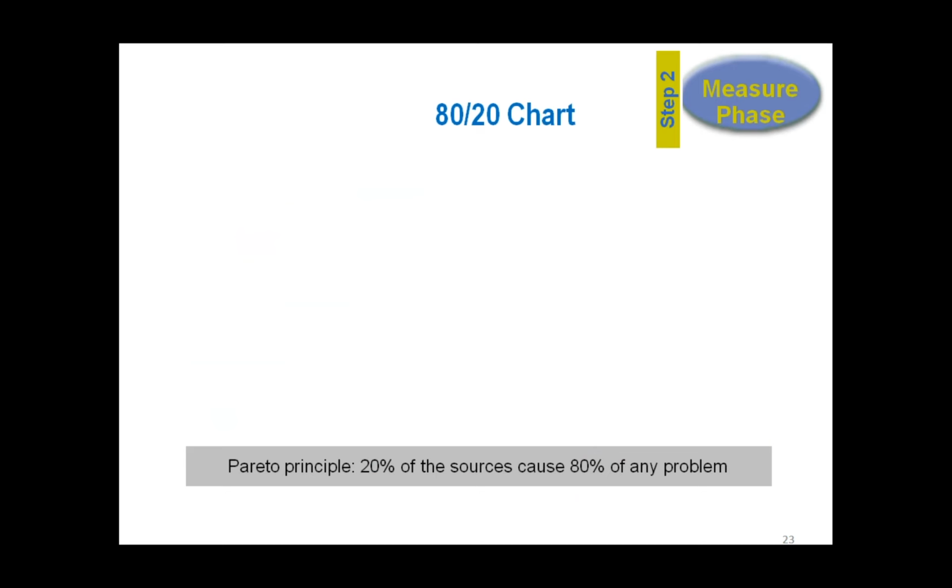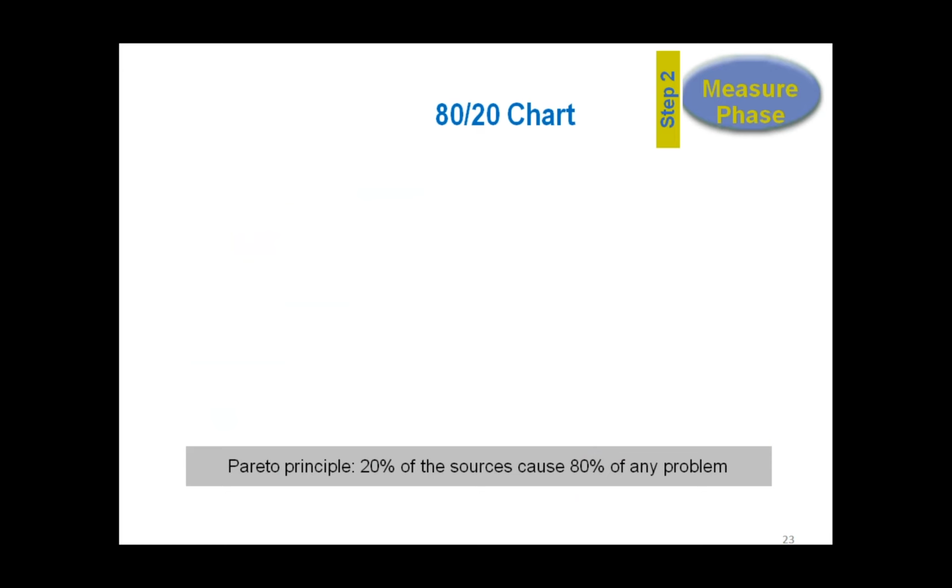So now we move ahead to the next tool we have, which is called the Pareto chart, 80-20 rule, Pareto principle. 20% of the sources cause 80% of the problem. It's also called catch elephants, forget flies.